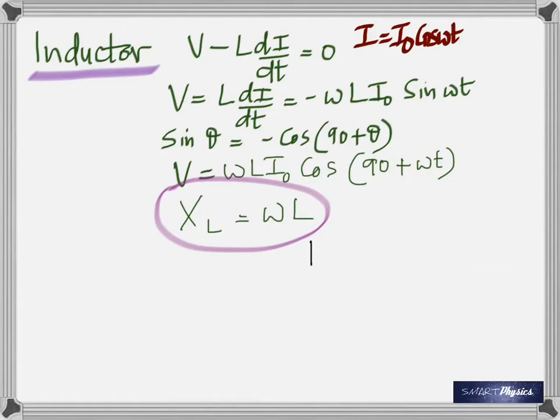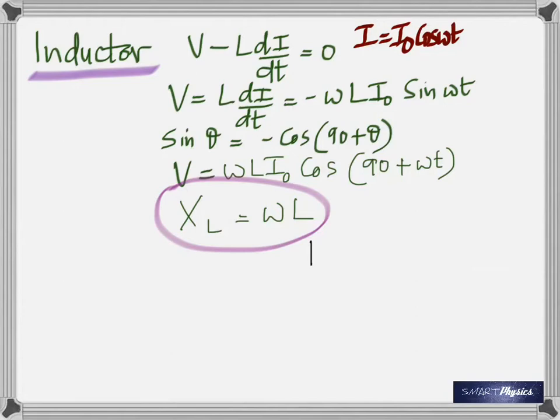You see that this term is in place of resistance, but we have to call it reactance. And this is called inductive reactance. That's what the L stands for. X shows reactance and L shows inductive.